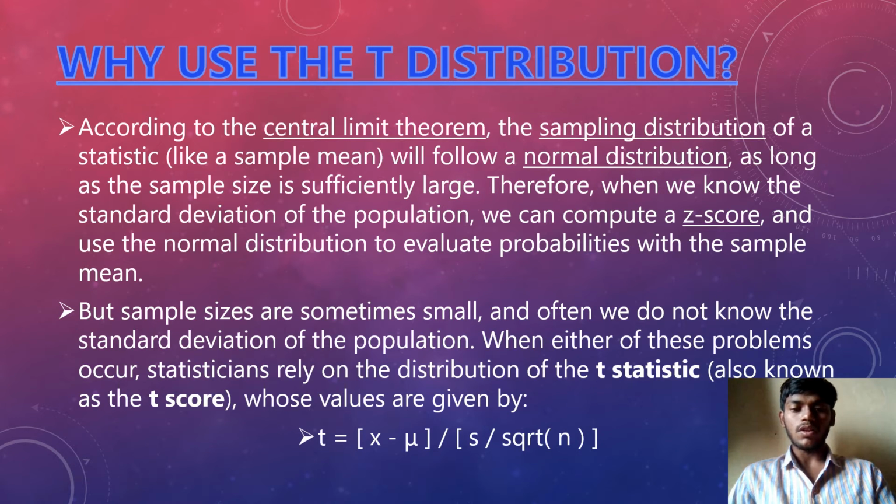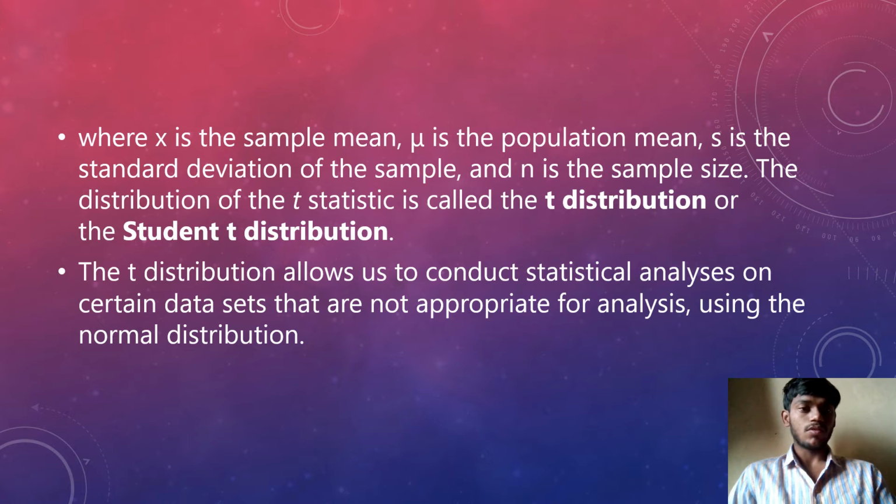statisticians rely on the distribution of the t-statistic, also known as the t-score, whose value is given by t equals (x minus mu) divided by (s by square root of n), where x is the sample mean, mu is the population mean, s is the standard deviation of the sample, and n is the sample size.